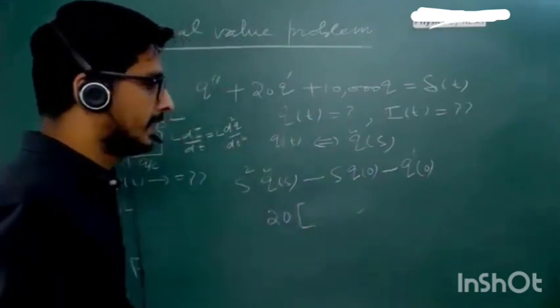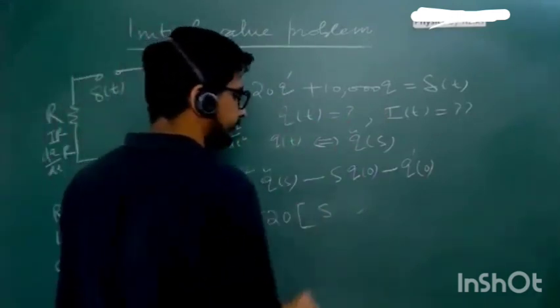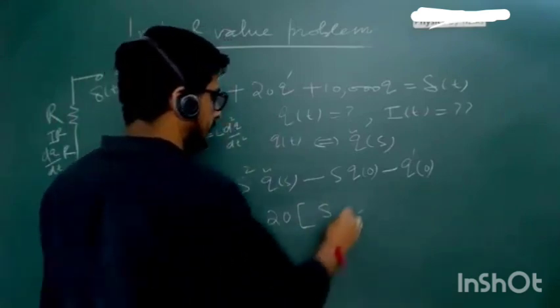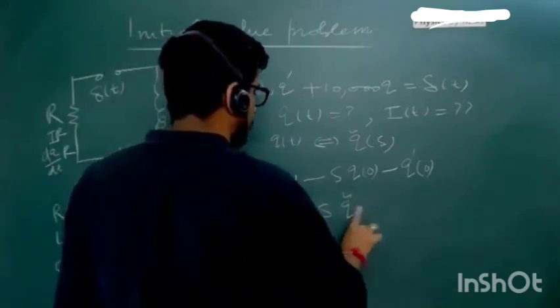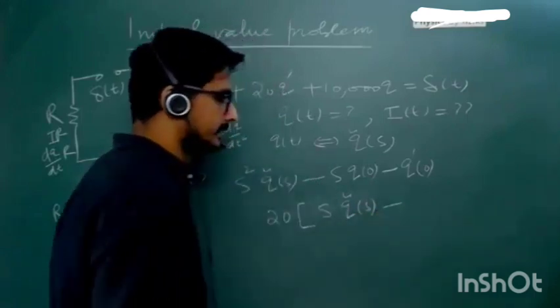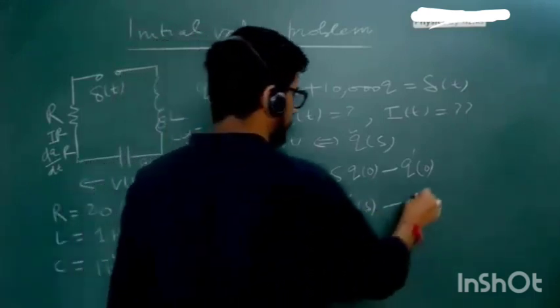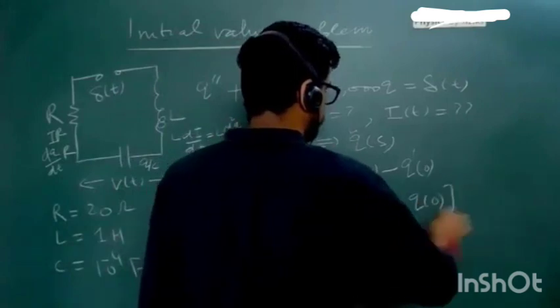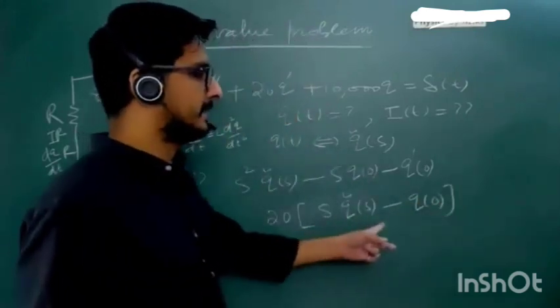What about this Q dash? S into Q tilde minus Q of 0, that is S F of s minus F of 0.